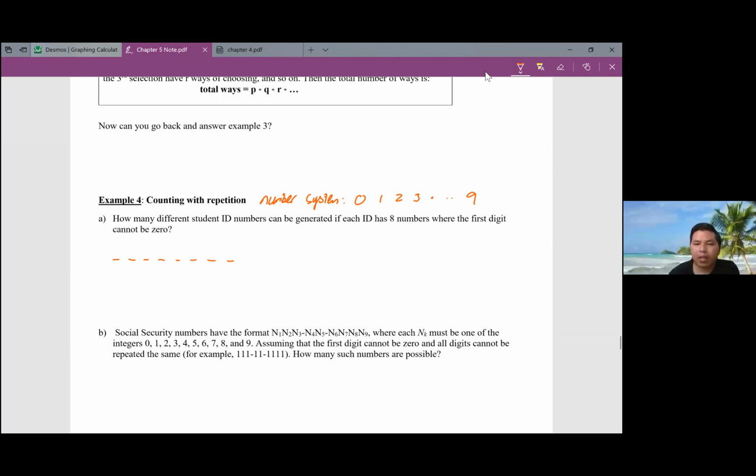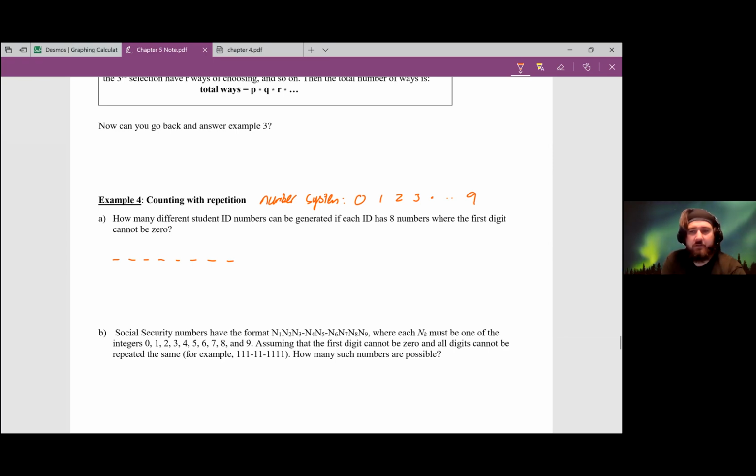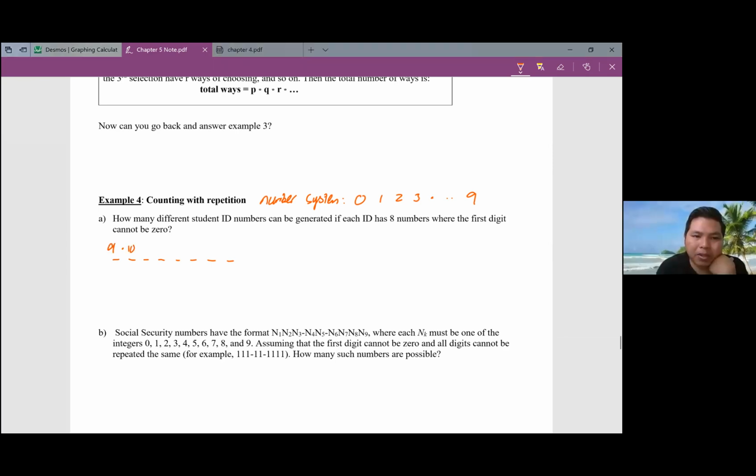All right, any thoughts on this? 90 million. All right, how did you get that answer, Matthew? 9 times a bunch of 10s. Okay, very good.